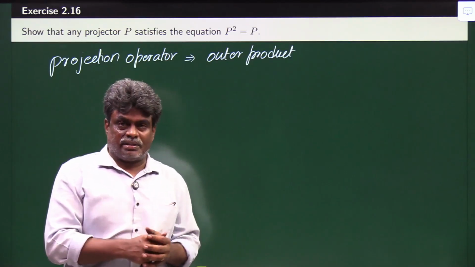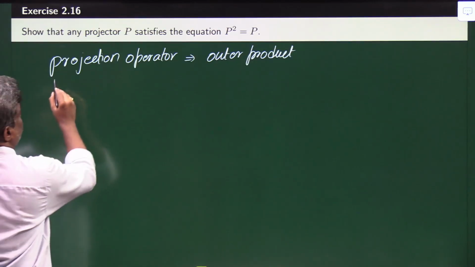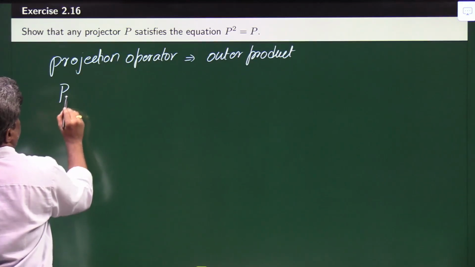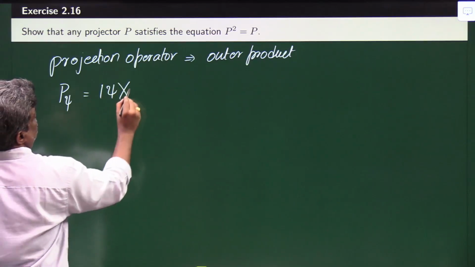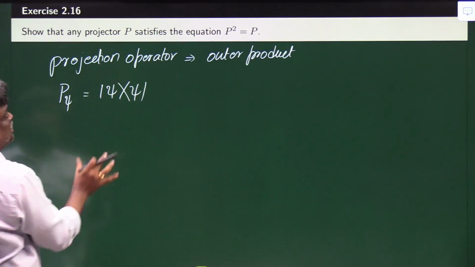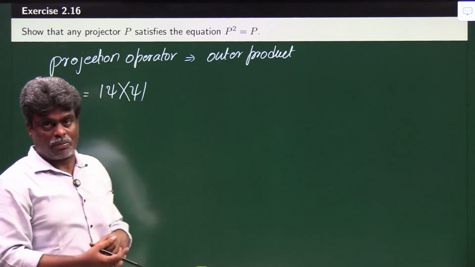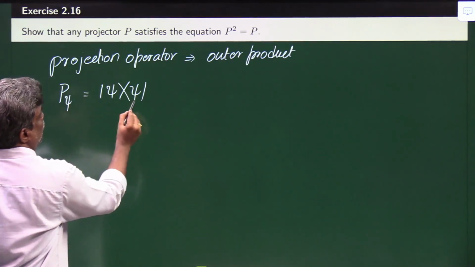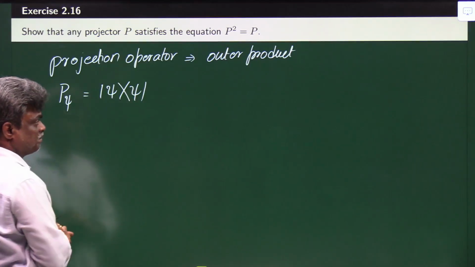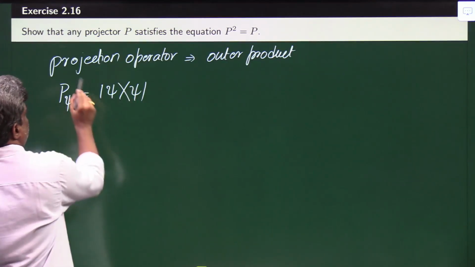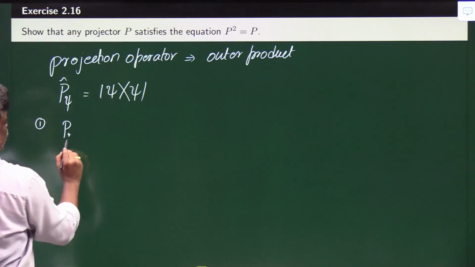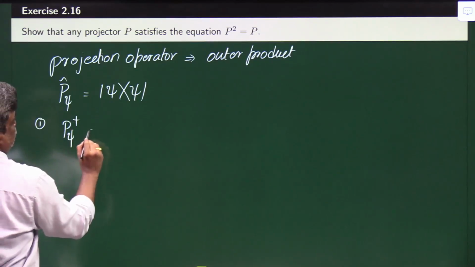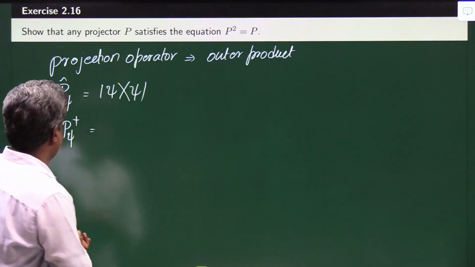Okay, so here projection operator means, let us define this P psi equal to outer product psi psi. It should be same. That is the difference between a general operator and a projection operator. So this bra and ket, these two must be same. I hope you understand. So this is your projection operator. Now let us find its properties. Now I am applying the Hermitian conjugate, P psi dagger.